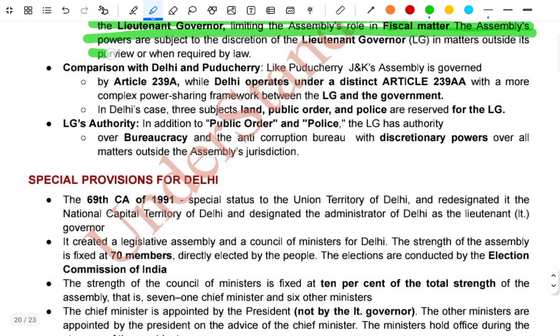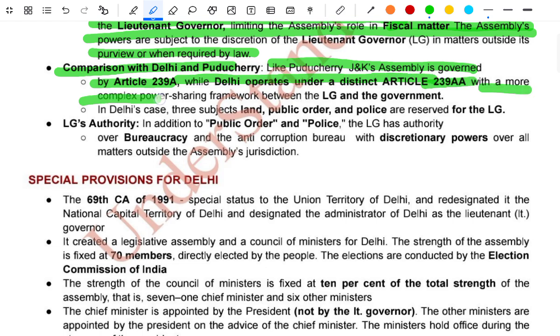A comparison with Delhi and Puducherry: like Puducherry, the Jammu and Kashmir Assembly is governed by Article 229A, while Delhi operates under Article 229AA, with a more complex power-sharing framework between the LG and the government.